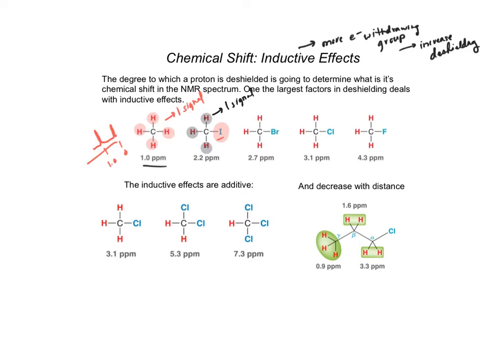But now comparatively, where we would expect to find these guys is 2.2 parts per million, right? So again, the only thing that's changed, we have one signal, we have 3 protons that are chemically equivalent. The only thing that's changed is the fact that we have now an iodine directly attached to that carbon that those protons are attached to, right? And again, iodine is fairly electronegative. It's not super electronegative, but it is electronegative relatively.